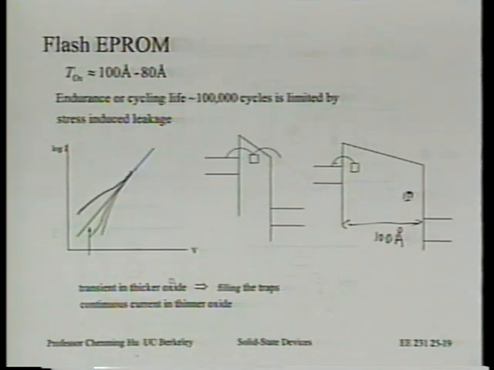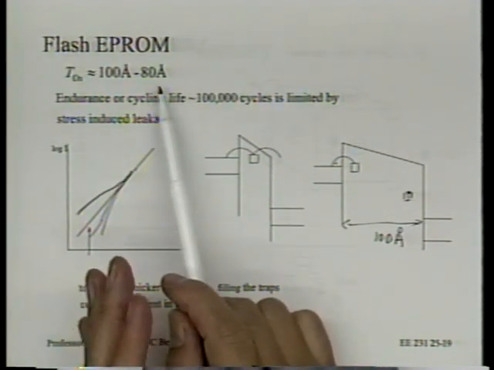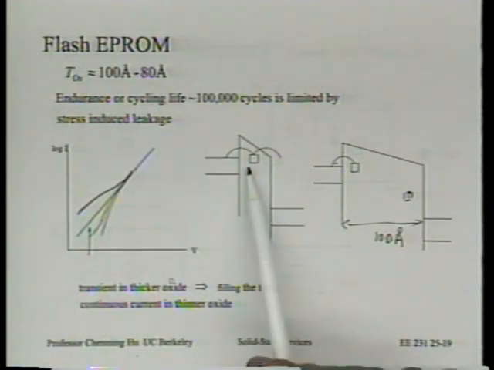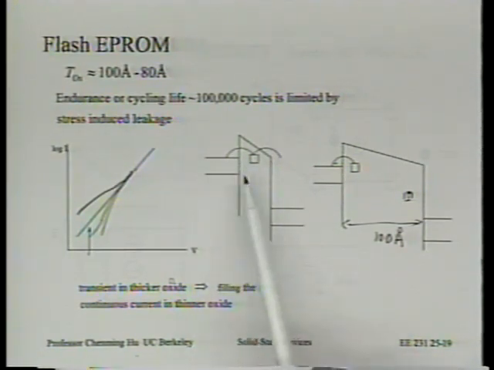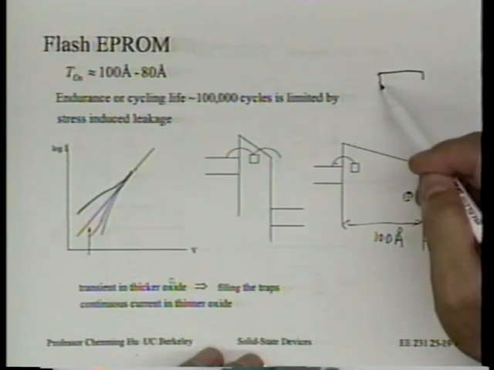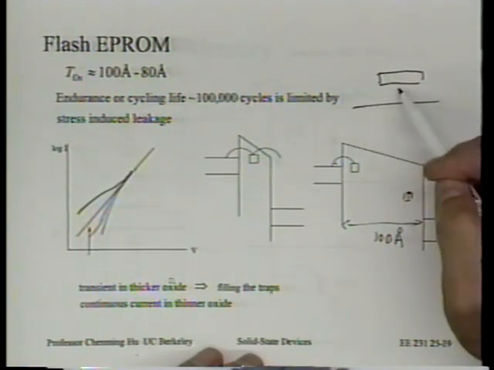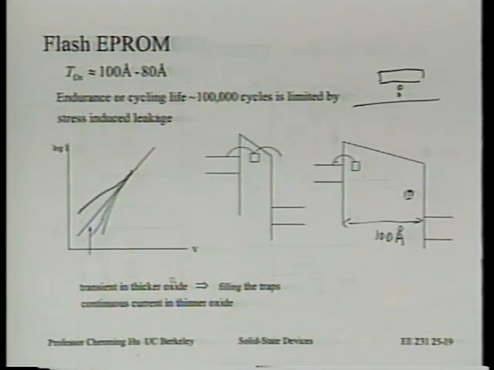So it's when we get into 70 angstrom, 60 angstrom, 50 angstrom, that a trap somewhere in the middle is close enough to both electrodes. Now we're in trouble. So for the thick oxide, you're only in trouble when you have two traps that happen to be physically lined up. This is known as weak bits.